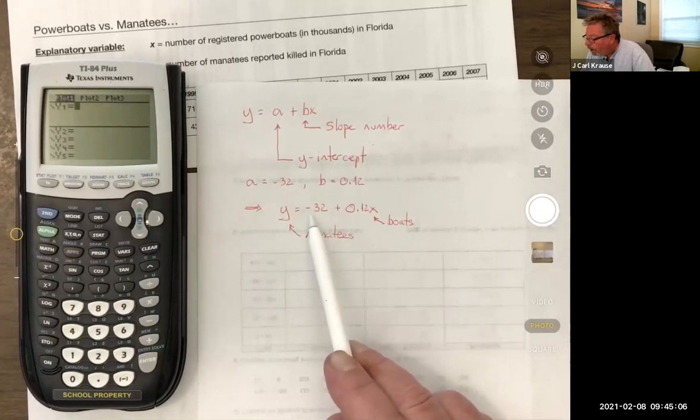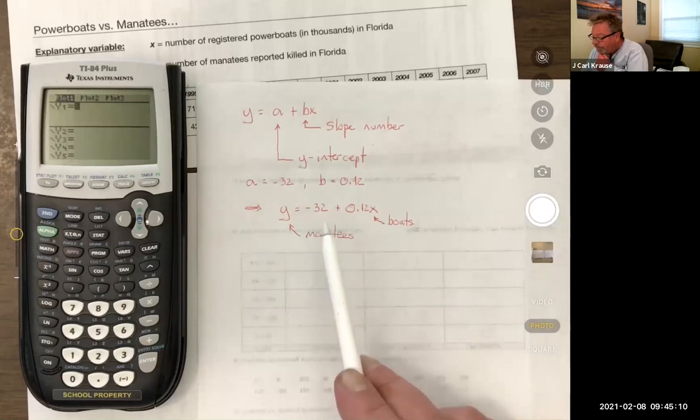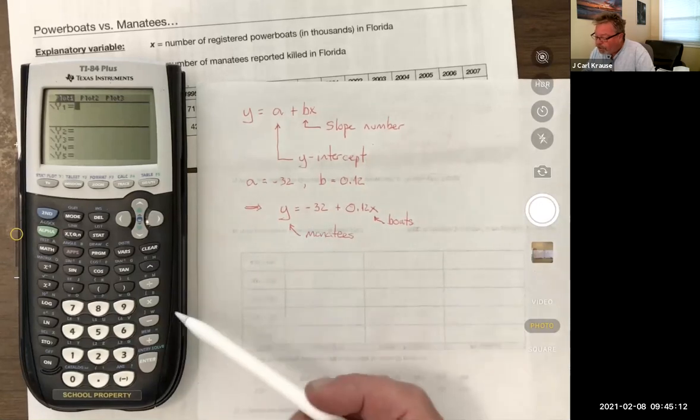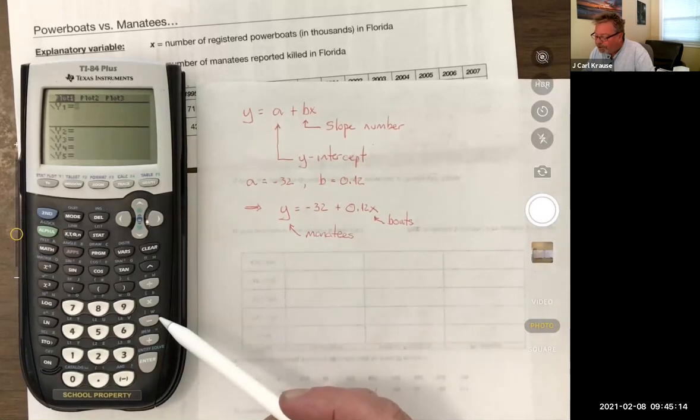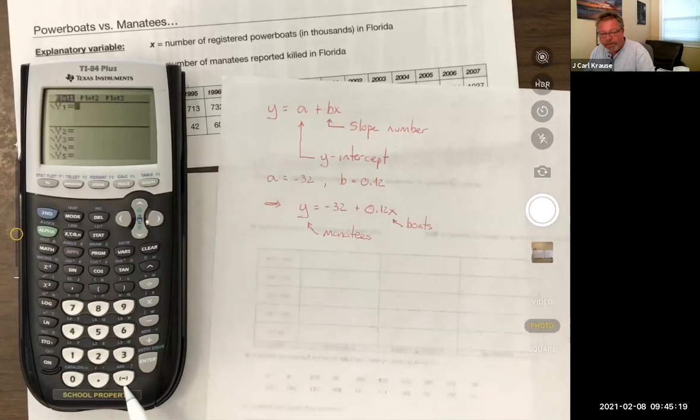Now, watch very carefully. This starts with a negative 32. To get a negative 32, you do not press this subtraction button. This guy down here in the very bottom right corner is how you get a negative number on this calculator. So you press that guy, 32 plus 0.12, and then we need an X up there.